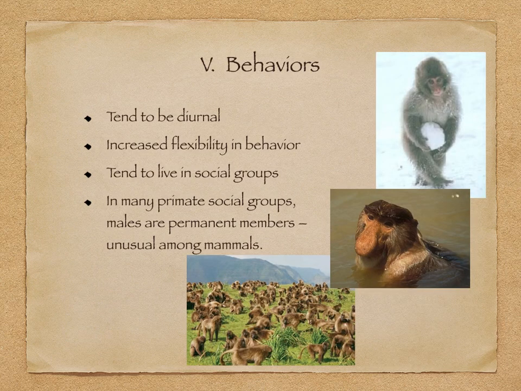In general, primates are diurnal, but they have this incredible flexibility in behavior. This is actually a Japanese snow monkey carrying a snowball. They don't have snowball fights, but they bring them into hot springs with them. The proboscis monkey is one of the very few monkeys that swims. Most of them sink quite quickly because their muscle density is very, very thick.